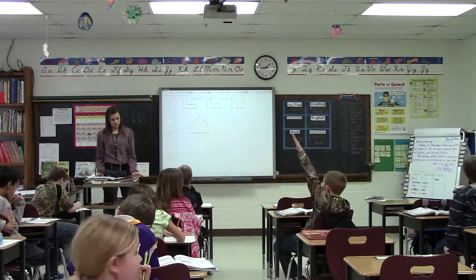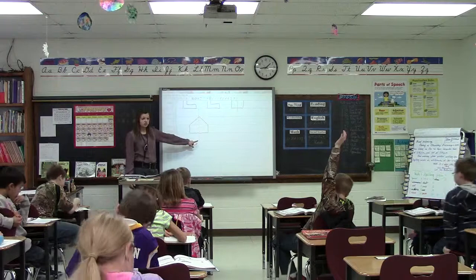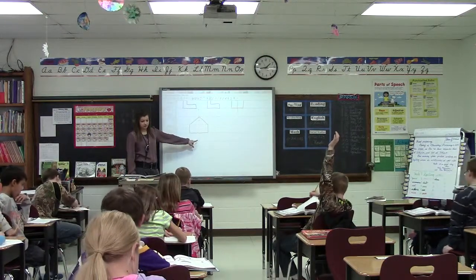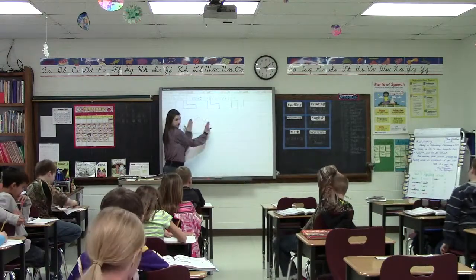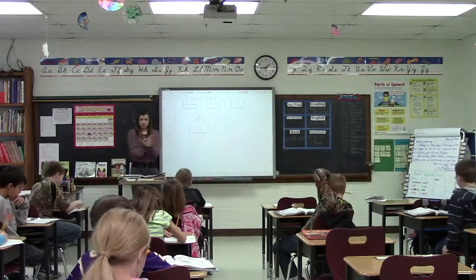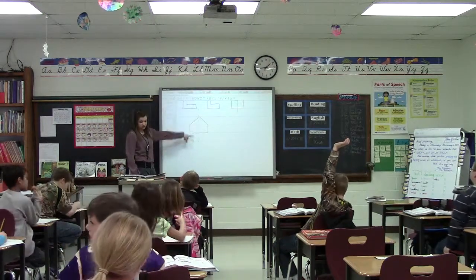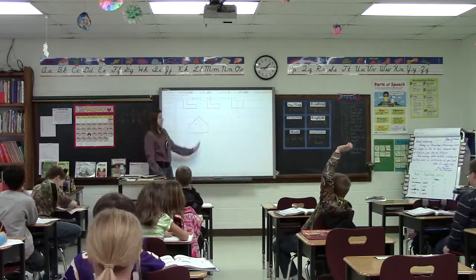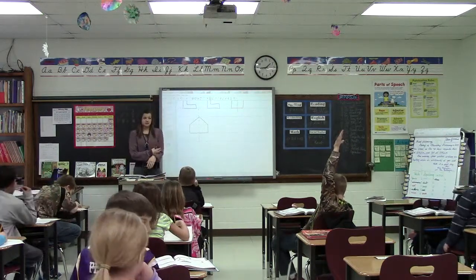Okay. So this red line I drew is called a line of symmetry. It's a line where we can fold. If we folded it together, both sides would be the same. This is called a symmetrical figure because it has at least one line. Remember when we looked at the O, it had more than one? Sometimes they can have more than one.